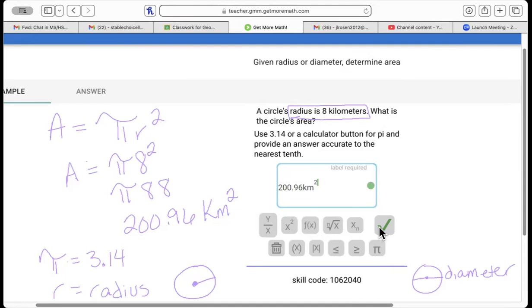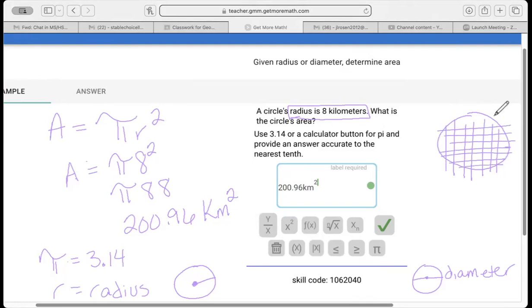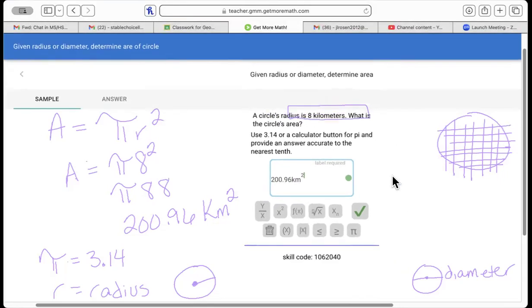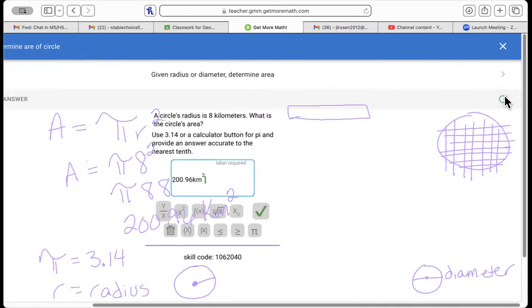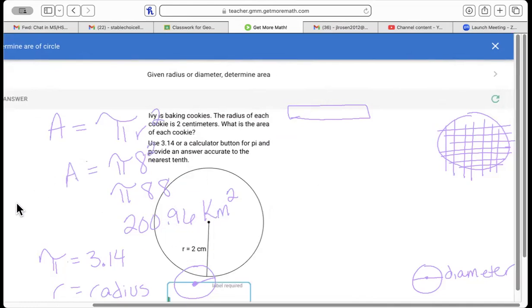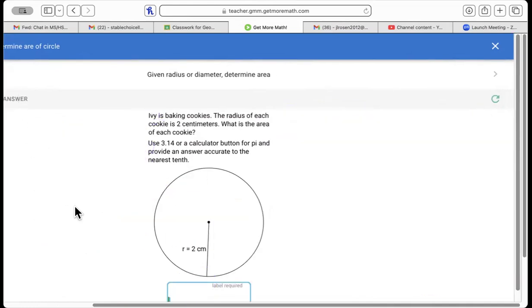And there we go, because area is always squared. And again, the reason for that is if we were on a grid paper, my poorly drawn circle here means that I would end up with 200.96 squares if we counted up all the squares inside that space. Okay. So that's why it needs to be squared. And it won't count you wrong if you forget. It just will tell you, like, hey, don't forget your label.